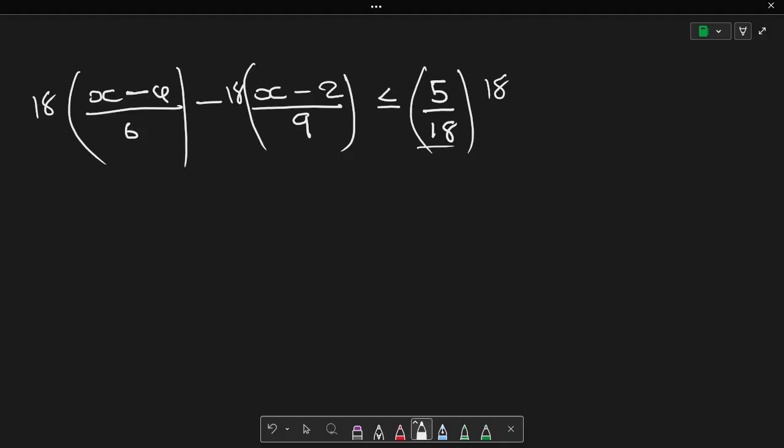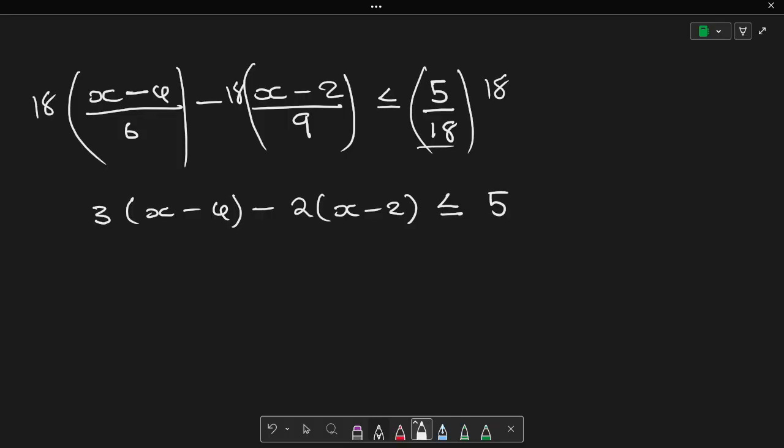How many times does 6 go into 18? It's 3 times. So we have 3 times x minus 4, minus 9 into 18, which is 2 times x minus 2, and 18 into 18 is just once.